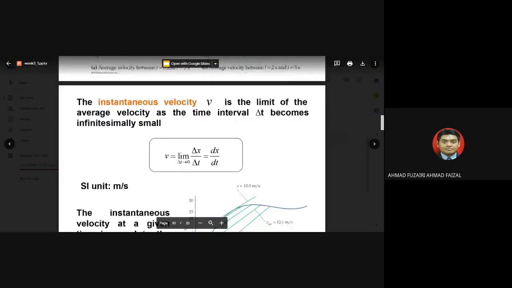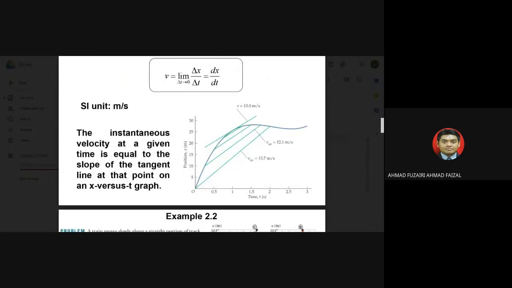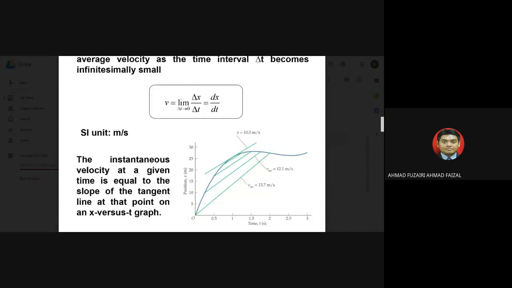Okay, there is one thing I want to mention, about instantaneous acceleration. So what does instantaneous acceleration mean? There are two: instantaneous velocity and instantaneous acceleration. The instantaneous velocity V is the limit of the average velocity as the time interval delta t becomes infinitesimally small, meaning very, very small, but it cannot be 0.